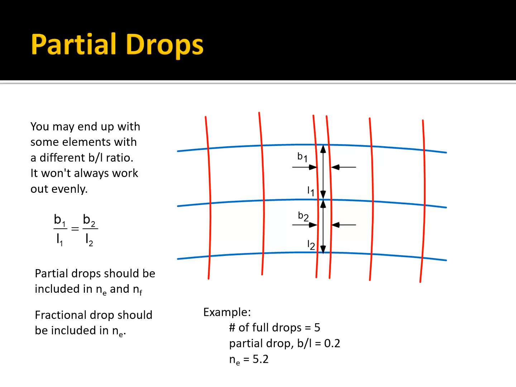That partial drop can be somewhere in the middle, or on either side. Except for that one drop or that one channel, maybe you have a full set of equipotential drops but a partial flow channel, and that works as well. That's not a problem at all.